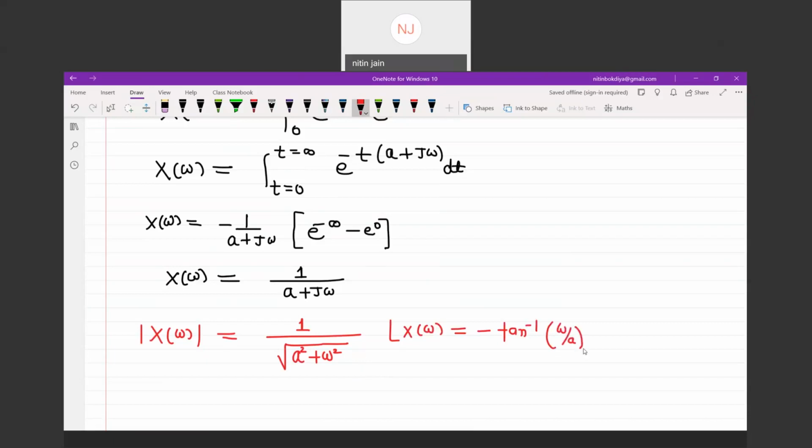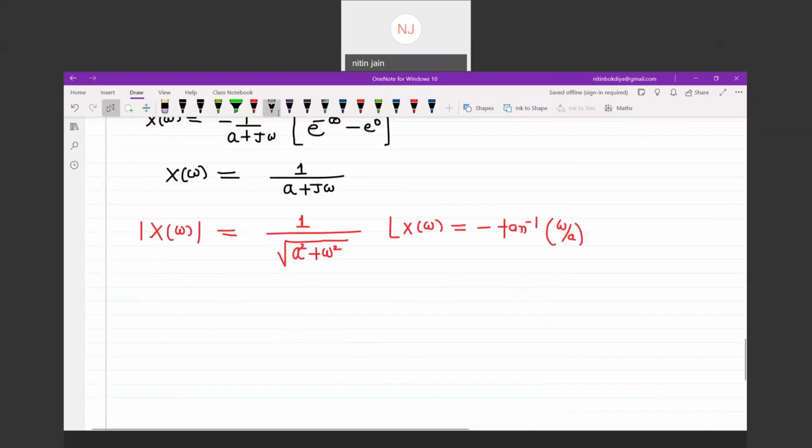This is the idea. Any magnitude plot, mod of x of omega with respect to frequency, is known as the magnitude spectrum.